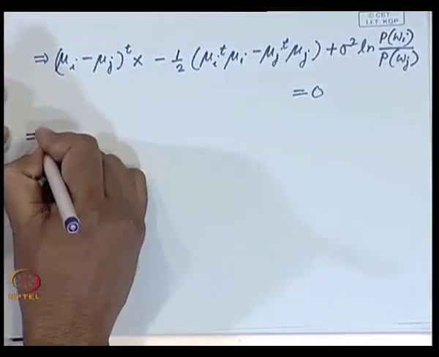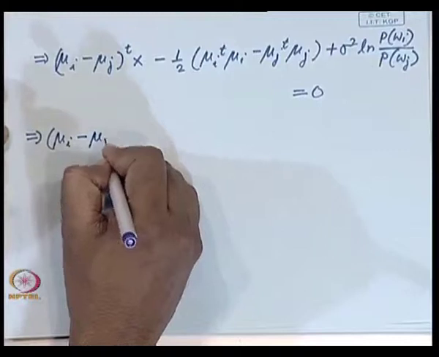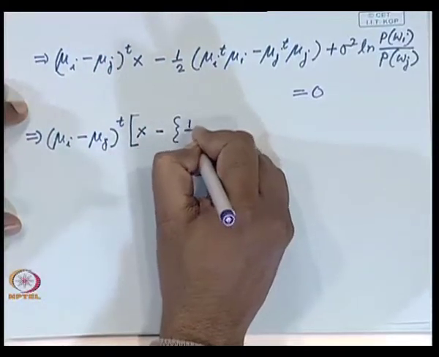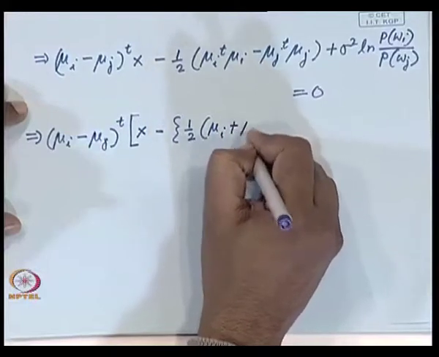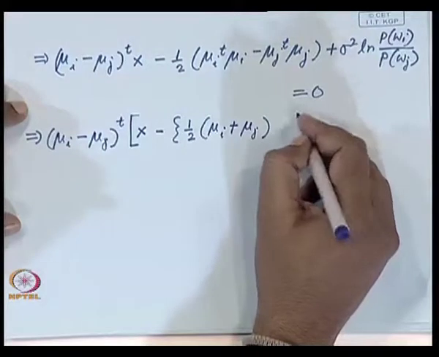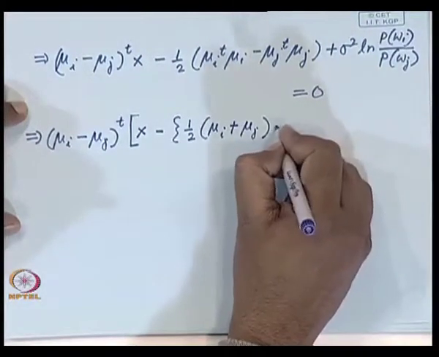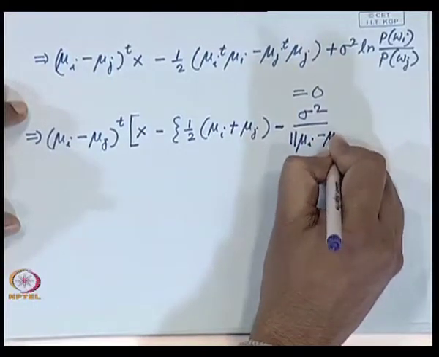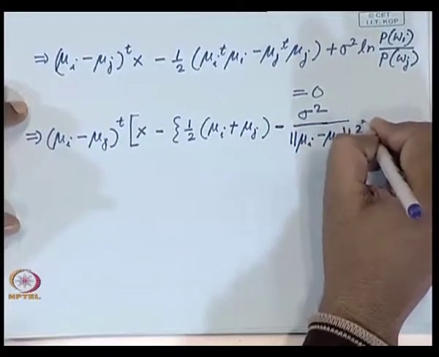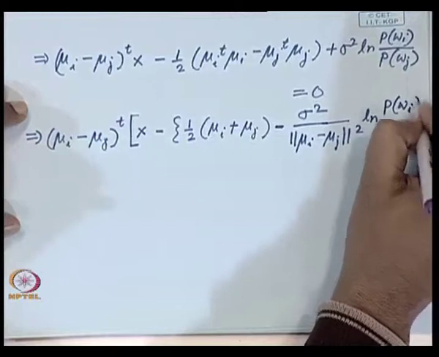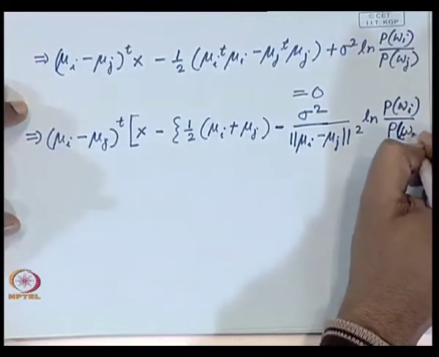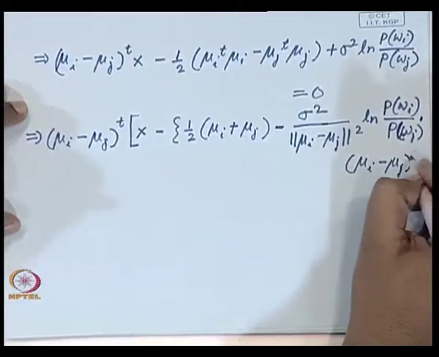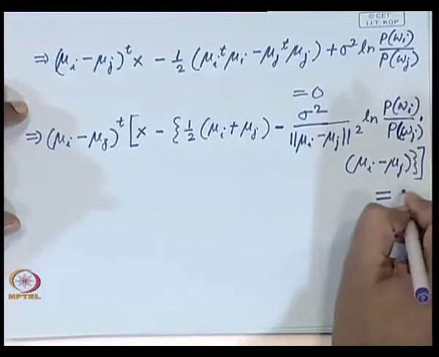So, I can write it in the form (mu_i minus mu_j) transpose into x minus half of (mu_i plus mu_j) minus sigma square upon the square of (mu_i minus mu_j) times log of the ratio of priors, and this is equal to 0.